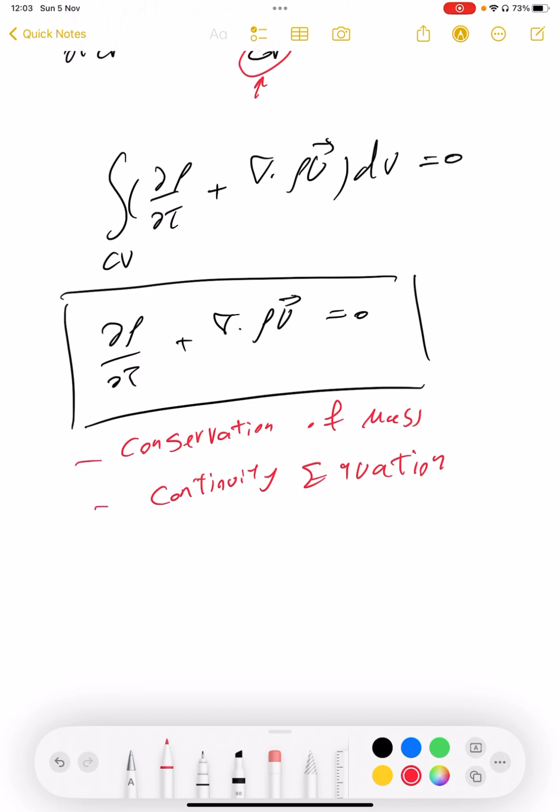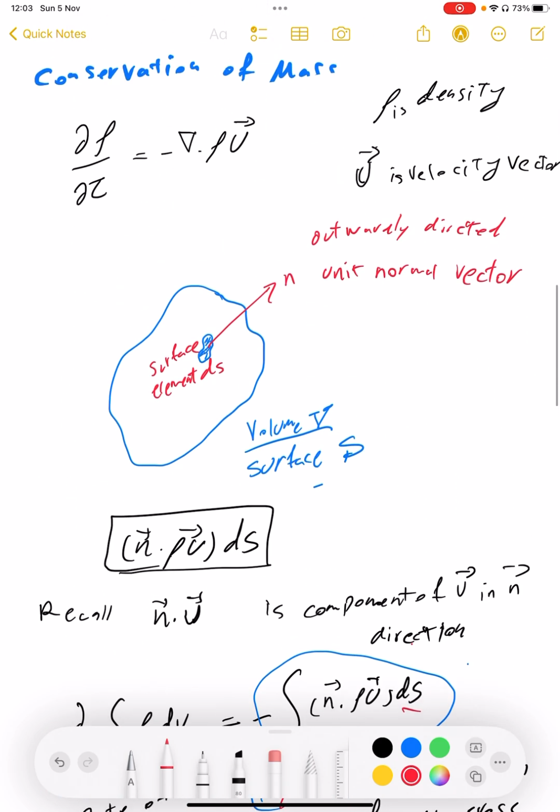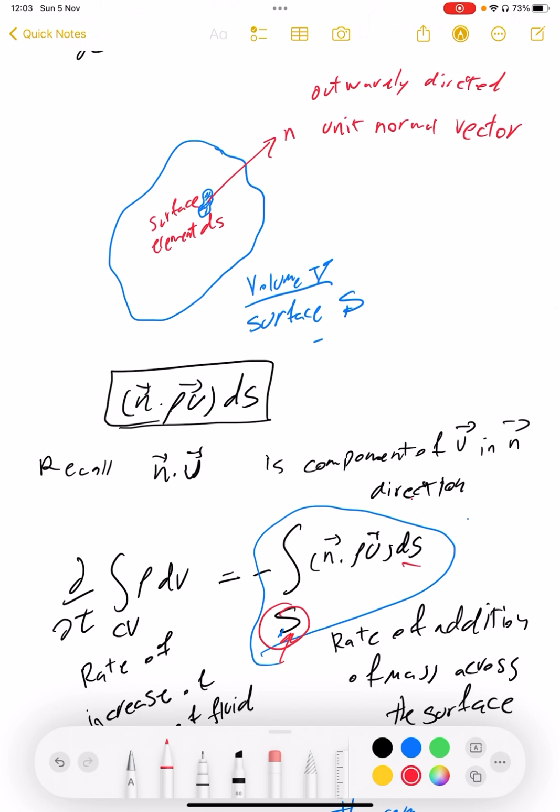So literally it is telling you that if your density is changing in time, this would be equal to the divergence of the flux. So what happened here was that we chose a control volume. We figured out how much fluid is passing through a tiny element at the surface, which was n dot rho u ds.